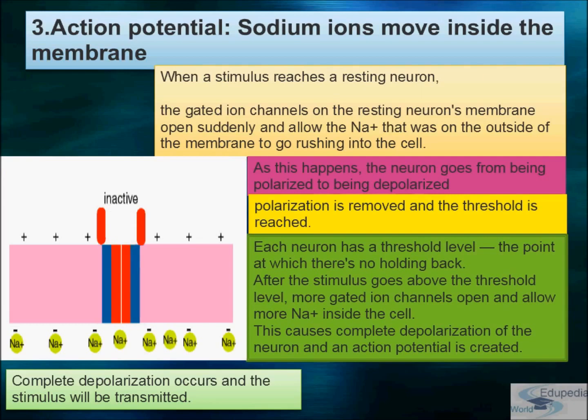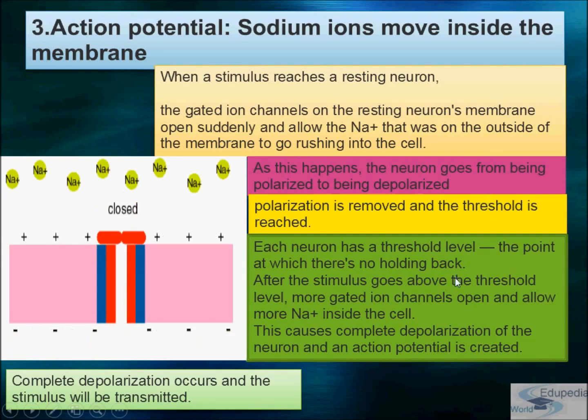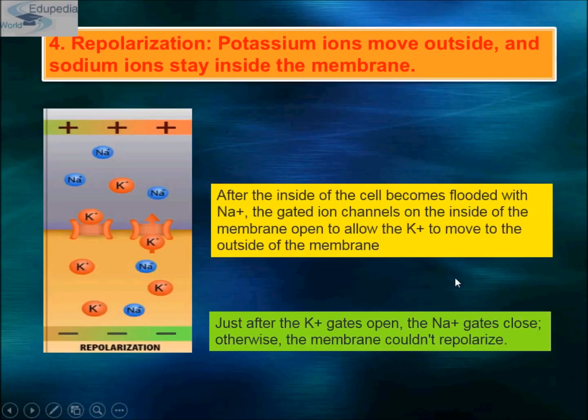Now the fourth step comes into being. In this, repolarization is done. In the first step, polarization was done. In the second step, resting potential was there. And the third was when the depolarization was done. Now the fourth step is repolarization.